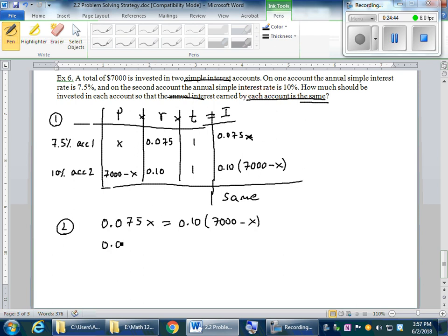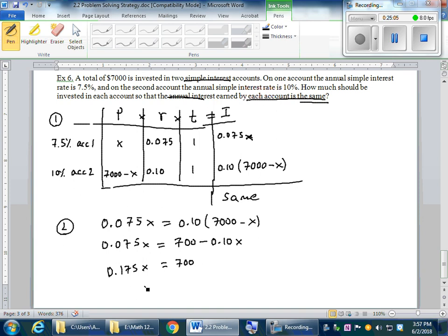Distributing on the right hand side, that gives me 700 minus 0.10x. Adding 0.10x to both sides, that will give me 0.175x is equal to 700.